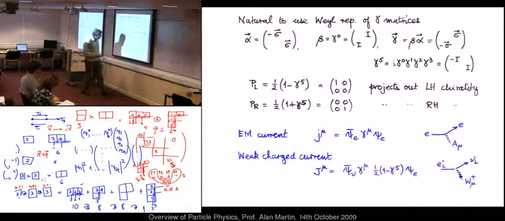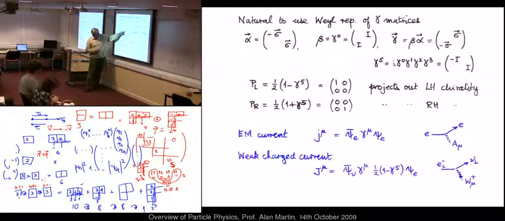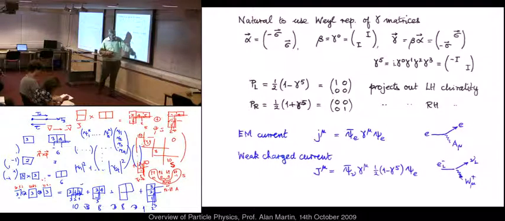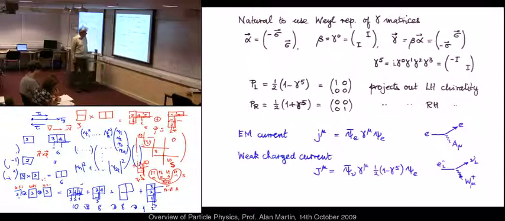Now, if you form the unit matrix minus gamma 5, with that extra minus sign it produces a 1 here when I take into account the half, and this I, when it's 2 by 2 at the bottom, is going to cancel. So it's a projection. This projects out the left-handed chirality. 1 plus gamma 5 projects out the right-handed chirality. Chirality is the handedness of the thing.